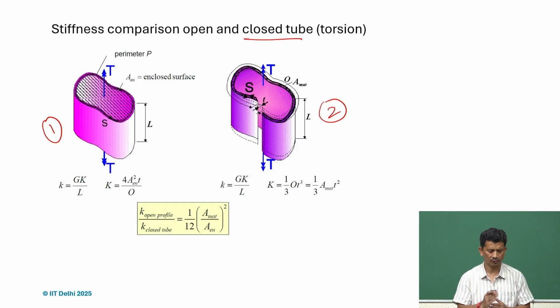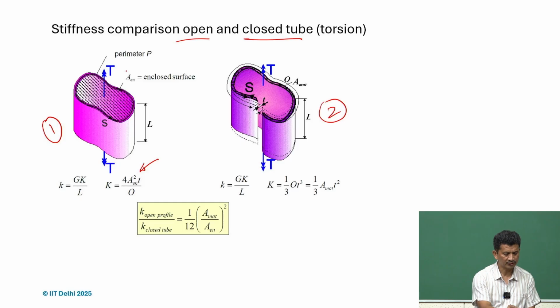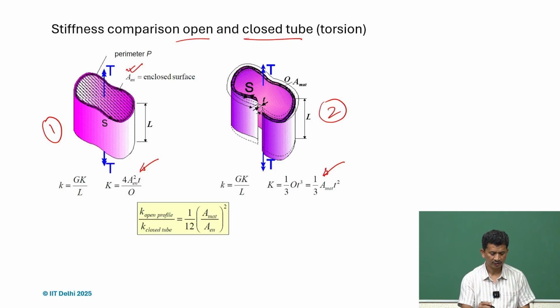When we compare the stiffness of the two under torsion, if it's closed, the entire enclosed area comes into the picture. If it's open, only the area of the material comes into the picture.